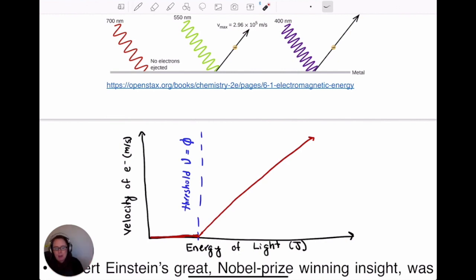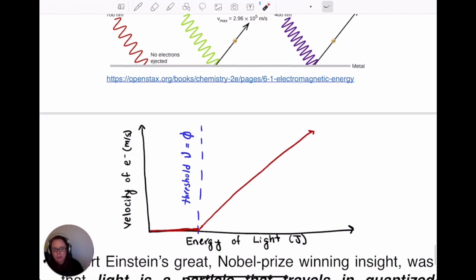But that's not what happened under any circumstances. That never happens. You need to reach a minimum frequency, or threshold frequency, in order to pop off the electron, or to ionize and eject the electron.